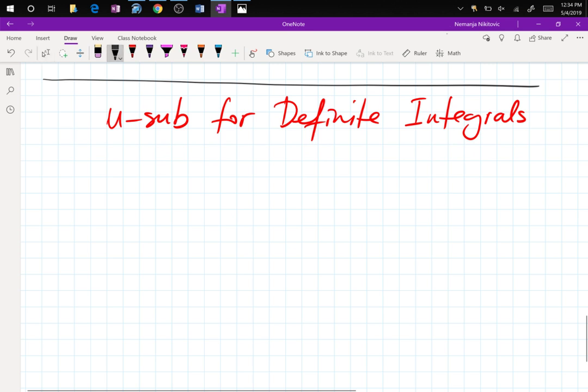So we have already seen a problem similar to this. Sine to the fourth x, cosine x, dx. But now we have limits from pi over 6 to say pi over 3, because we have a definite integral. The question is what to do with that.